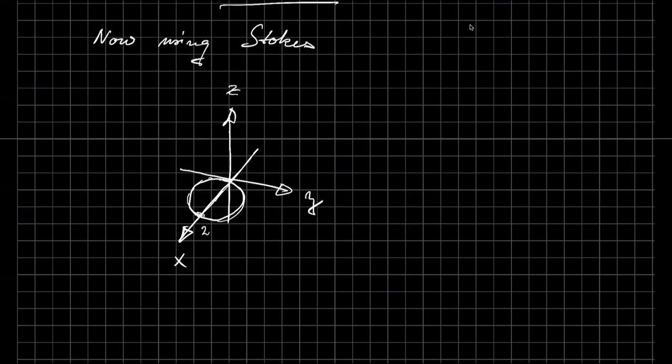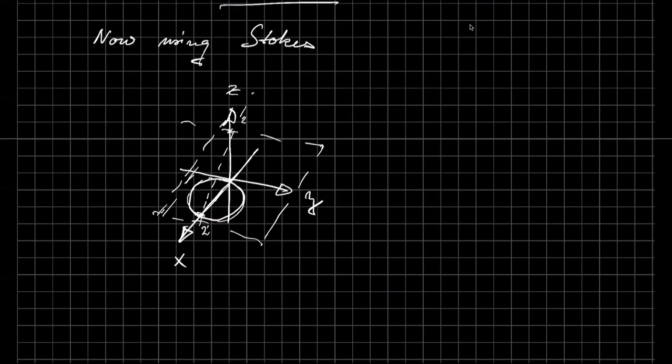So this is 2 here and then 2 here, and imagine that this is a plane that runs like this.